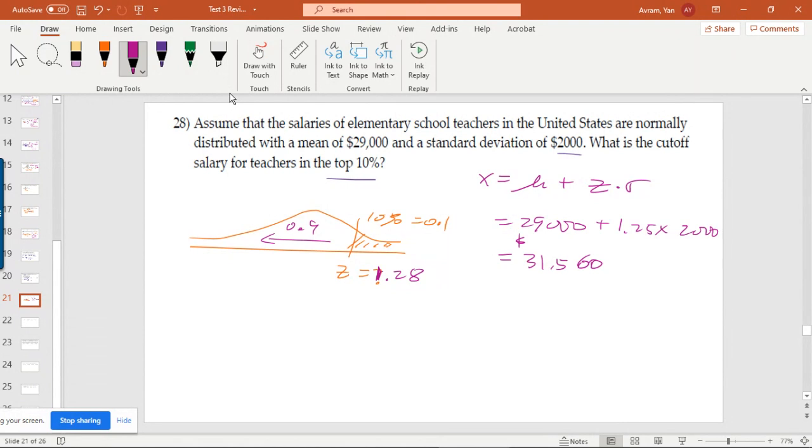Okay, so that will be in the top 10%. So this one right here is giving you the percentage. Remember, the percentage is also the area. Okay, so given this 10% area, you will need to be able to find the z-score, and then just use the X value to find the calculation in here.